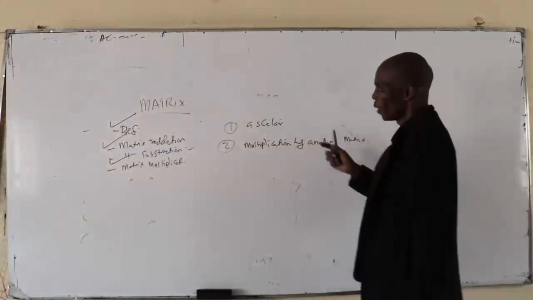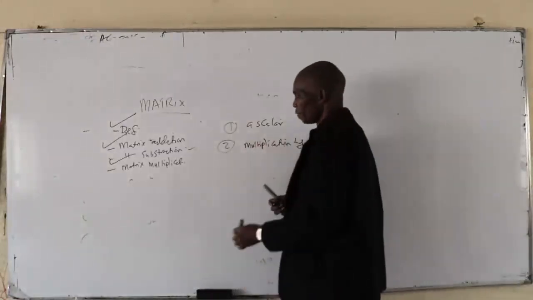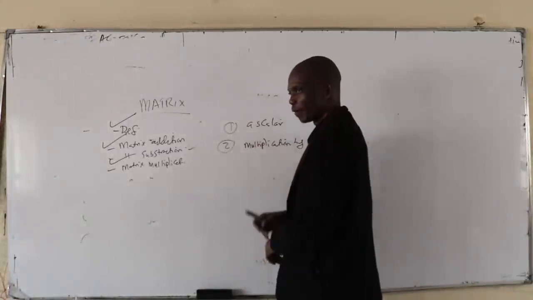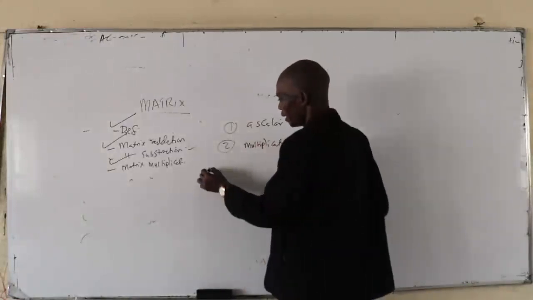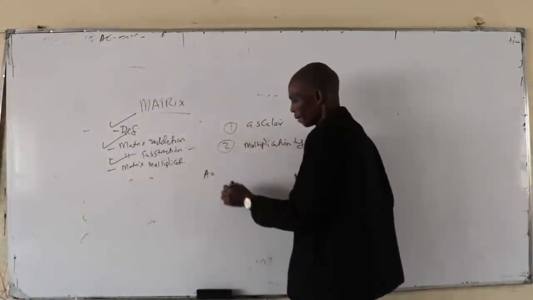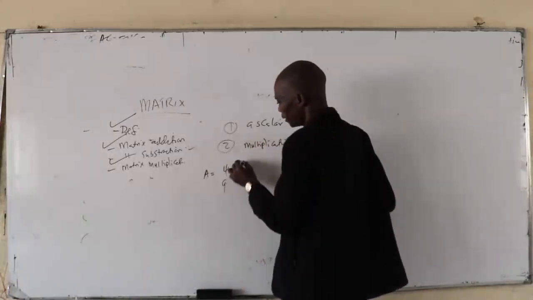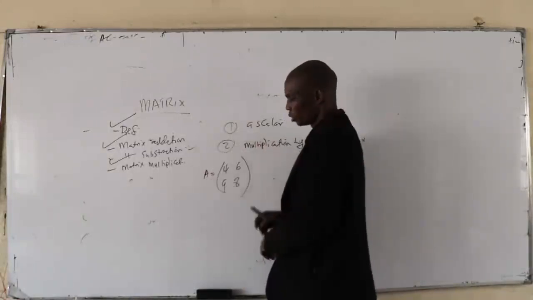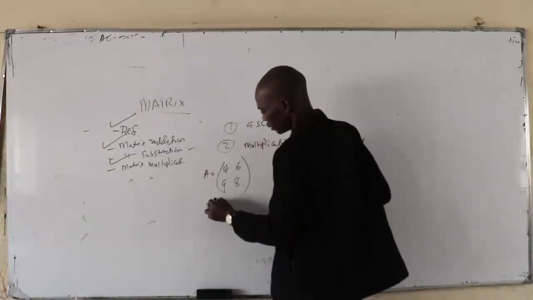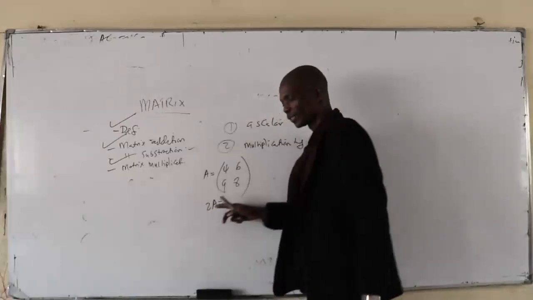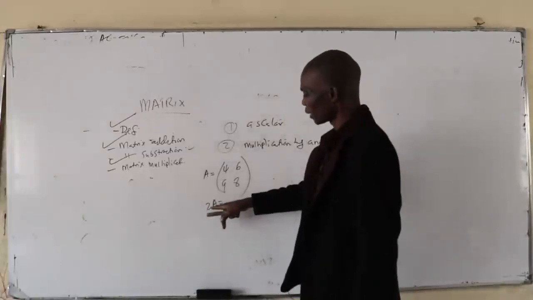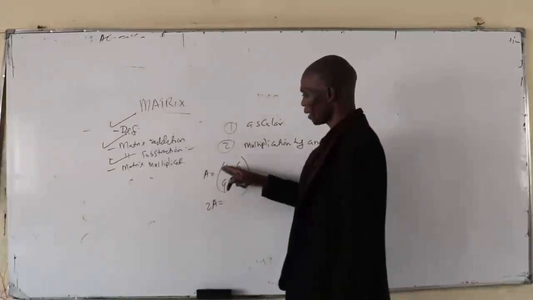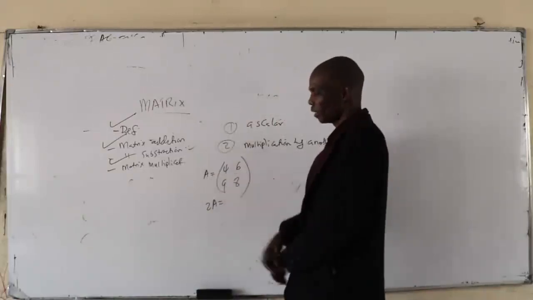Now, when we have a scalar it is simple. For example, if A is 4, 9, 6, 8, and you are told to find 2A. In this case, 2 is the scalar here. So you multiply 2 times A. We multiply every item inside there by 2.